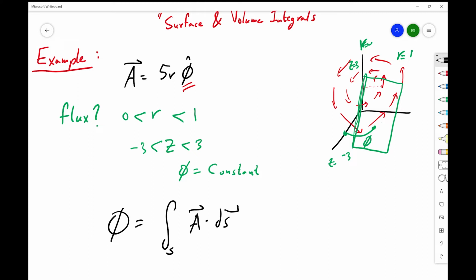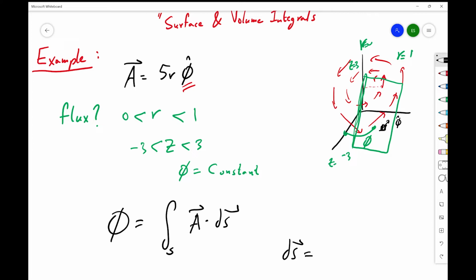Now the question is, what is dS? Because we're using cylindrical coordinates, any small surface element here is always going to be pointing towards phi hat. If we had some other kind of coordinate, it would be more complicated.